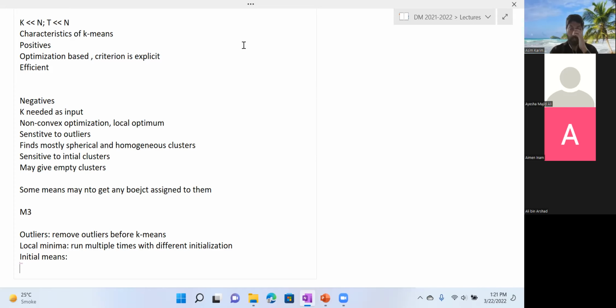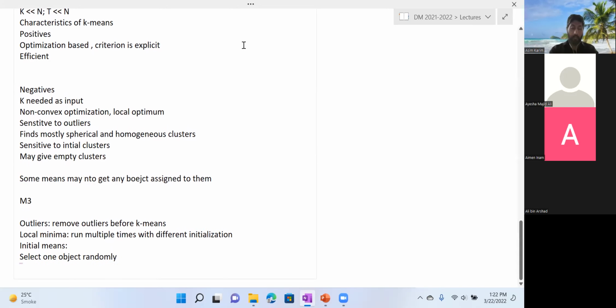So what else can we do? One technique that is proposed and common is to use actual objects, not means, that are far away from each other at the start. So for example, you select one object randomly. So this is the first mean.